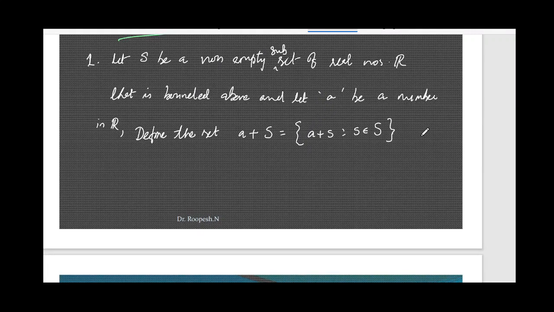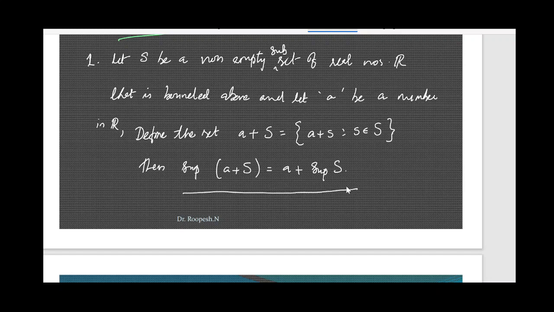Then supremum of A plus S is nothing but A plus supremum of S. So this is the first property.